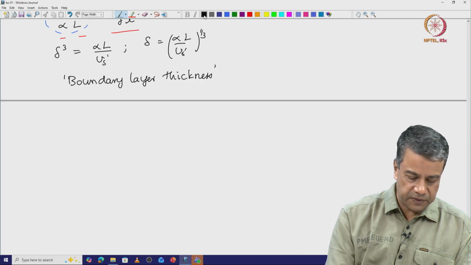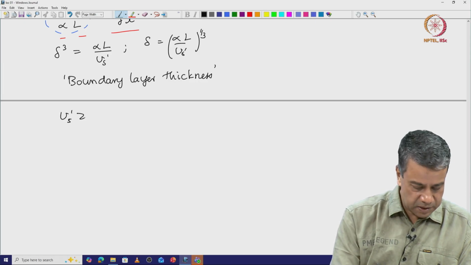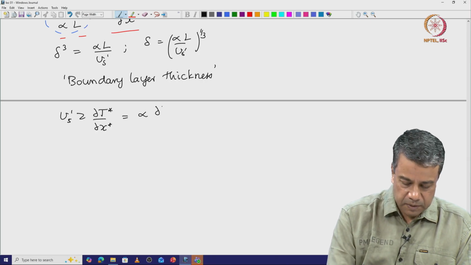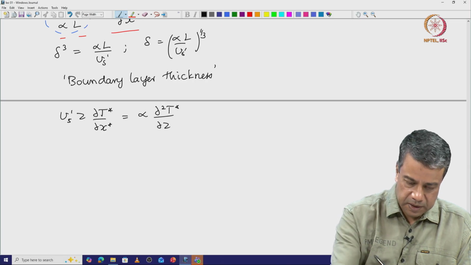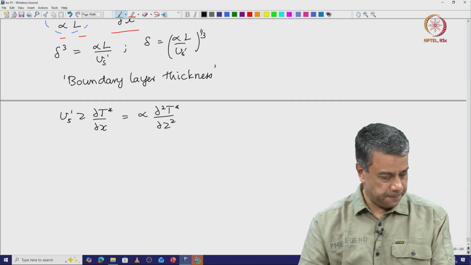Therefore, the simplified equation for the temperature field is Vs prime Z partial T by partial x is equal to alpha partial square T by partial Z square.